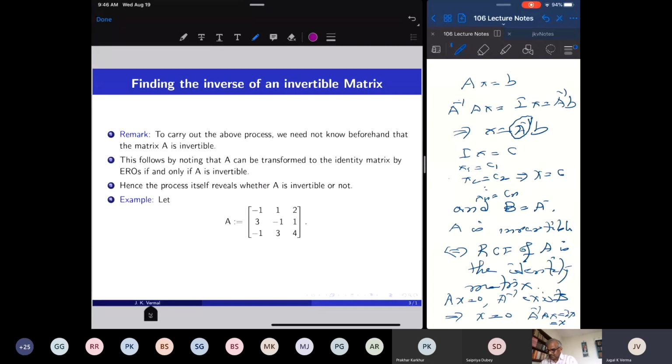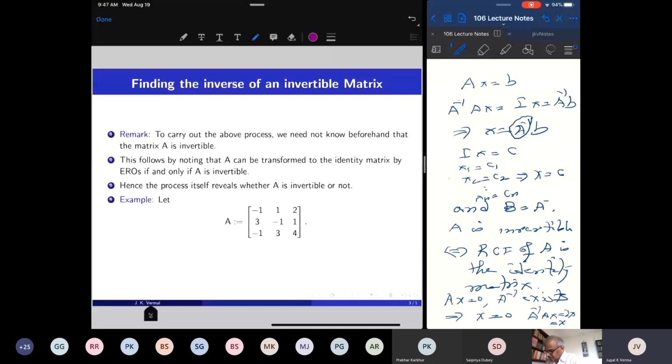So let's look at an example. Look at this 3 by 3 matrix. It's not clear whether this is invertible or not right now. This is the coefficient matrix of a system of linear equations in 3 unknowns, and there are 3 equations. So we use elementary row operations to transform the augmented matrix.